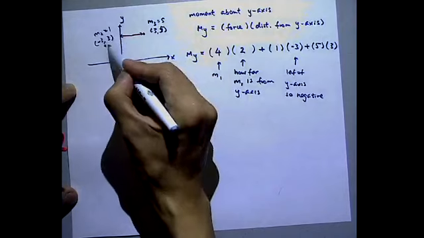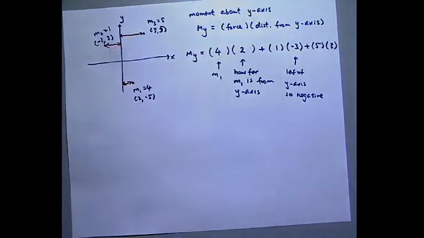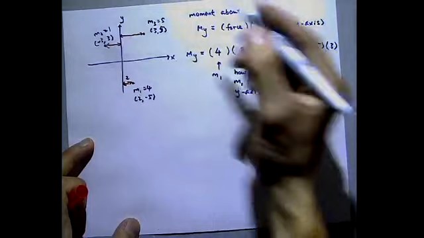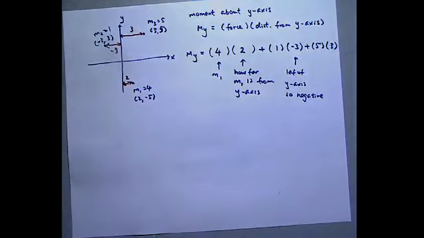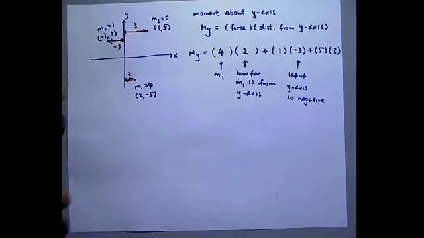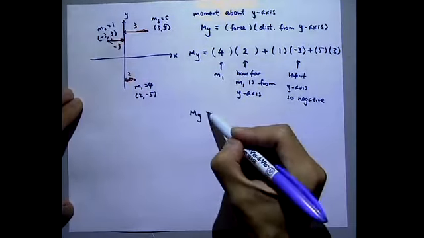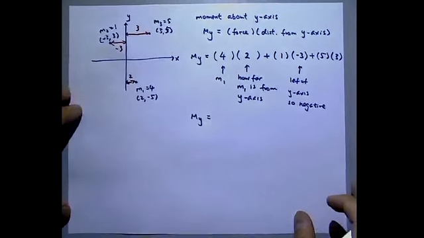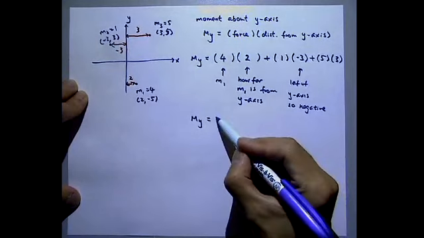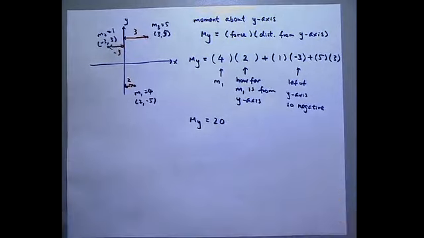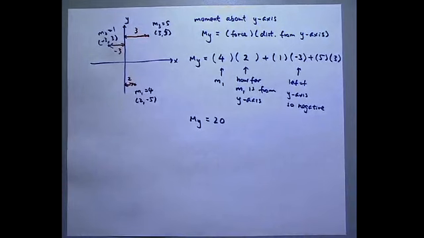Okay, so we're measuring the distance from the y-axis. This is 2, this is 3, and this we put as a minus 3 because it's to the left. Now you combine all of this together, you get, what do we get? 20. Okay, so 20 is positive.